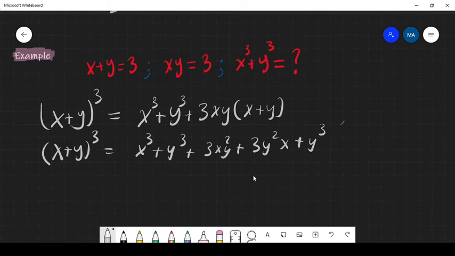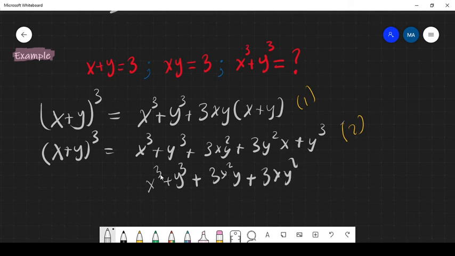So this is formula 1 and this is 2, right? Let's look for the one, x cubed plus y cubed plus 3xy multiplied by this 3x squared y plus 3xy multiplied by y 3xy squared. You see, it's the same thing, okay? It's the same formula.